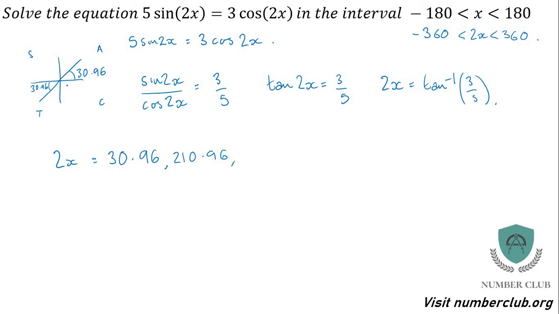So 180, not quite getting to 180, so you've got 180 take away 30.96, which comes out as 149.04.